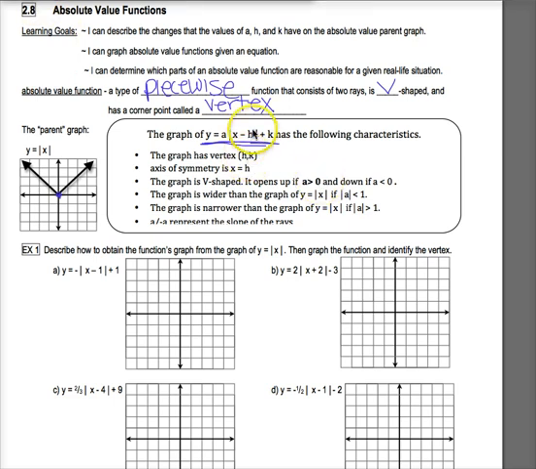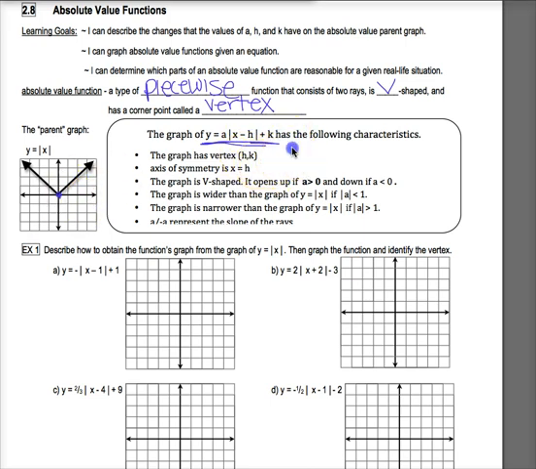So h and k, which you can see where those locations are, one of them is inside the absolute value, one of them is on the outside. Those values are going to tell you where the vertex is, which means from the parent graph, that's going to shift your graph. It's going to shift it left, right, up, down. So h is the x value.